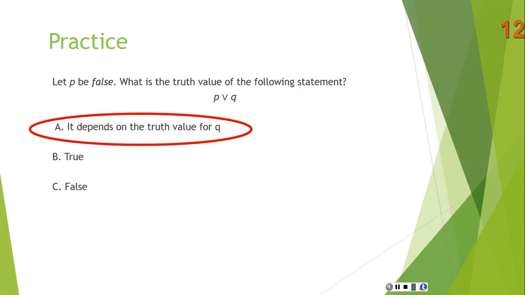So if P is false, we just don't know if P or Q is true, because if Q is true, then the whole thing comes out true. When Q is false, then since P is false, the whole thing comes out false, because whenever both disjuncts in a disjunction are false, the whole disjunction is false.